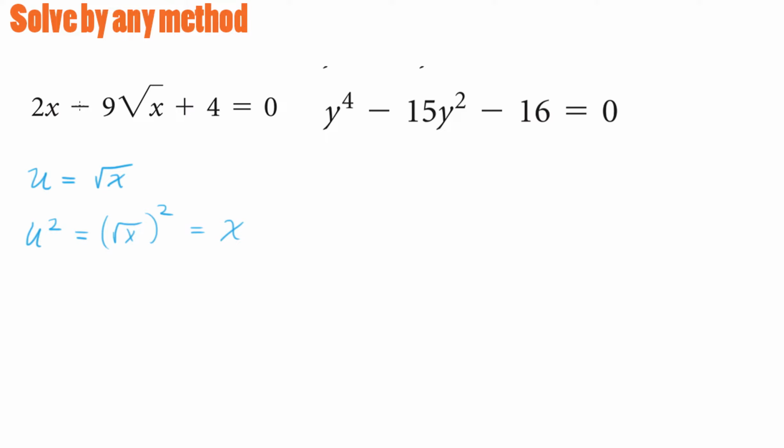Now notice that I can replace x with U squared, and I can replace square root of x with U in this equation. So you get 2U squared minus 9U plus 4 equals 0. Now, since we can use the x method, the completing the square, or the quadratic equation, I'm going to decide if I can use the x method, which is the fastest method.